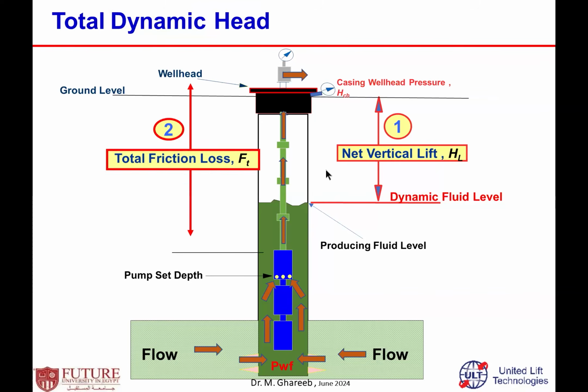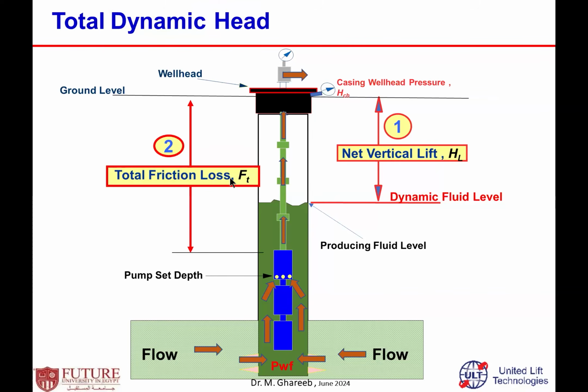Plus the friction loss. In order for this flow to flow inside the tubing, there will be a friction loss depending on the tubing size, the roughness of the inside diameter of the tubing, the flow rate, the type of flow, viscosity, and so on. Then I also have to calculate the total pressure loss.